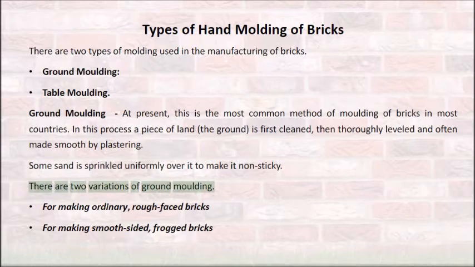There are two variations of ground moulding. For making ordinary rough-faced bricks. For making smooth-sided, frogged bricks.